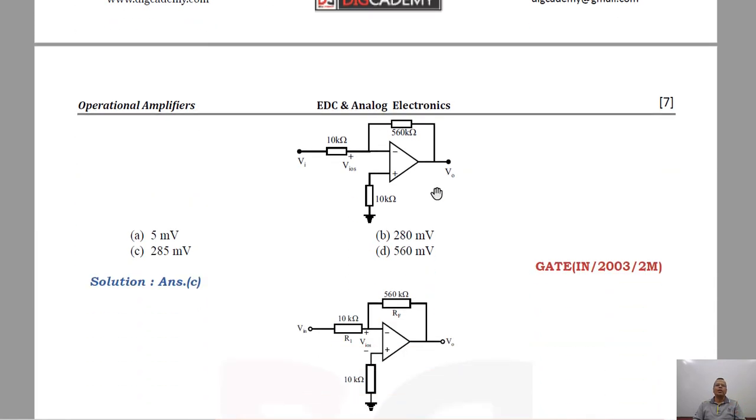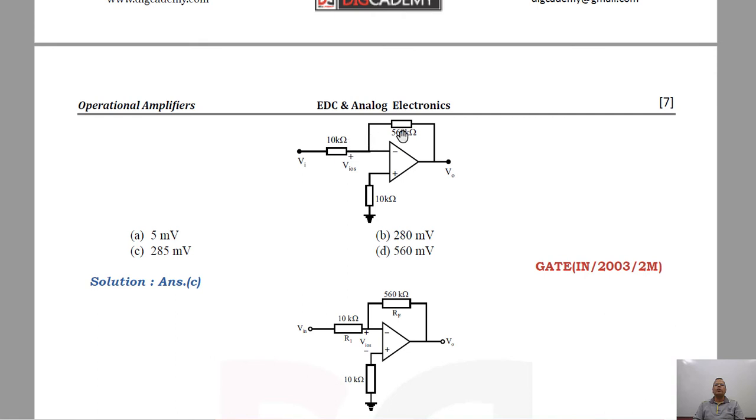What is the circuit? You can see this is the configuration, and if you remember, we are applying input to the inverting terminal, and the non-inverting terminal is connected to ground through this resistance. So this must definitely be an inverting amplifier. This is RF, this is R1.